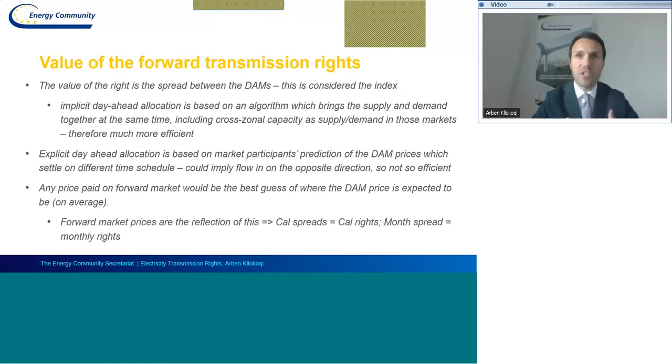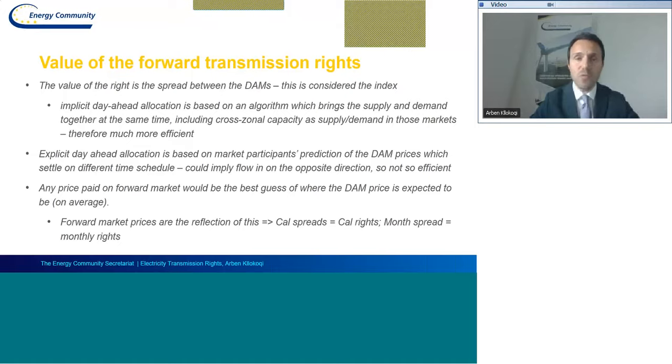This is a very efficient process for allocating capacity, because the capacity is allocated based on commercially intuitive flows. So there is no risk that certain market participants would allocate capacity and schedule flows in the direction from the high price to the low price. The market coupling ensures that the flows are always directed from the low price zone to the high price zone.